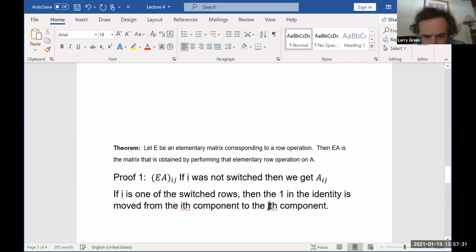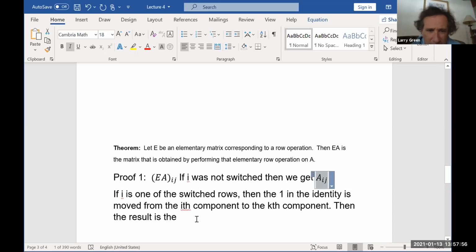Not jth, ith to the kth, because we're switching I and k. J is the column. Then the result is no longer a_ij, but a_kj. So copy and paste. Element. And that's what we need to show.